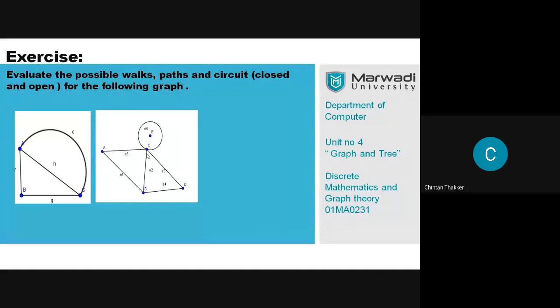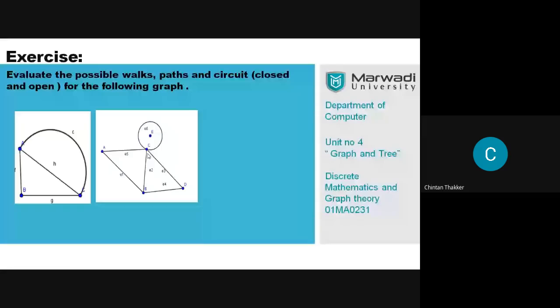Sir, but a loop equals E4, to B, edge length. No, a loop is one edge. When we count degree, we count it two times.